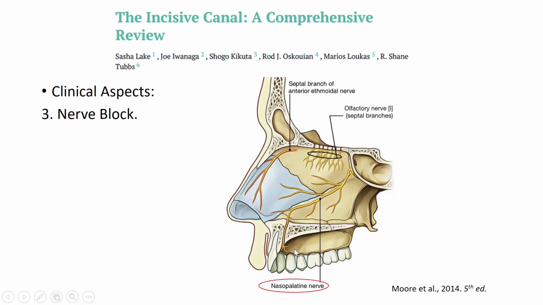So these maxillary incisors are mainly innervated by the anterior superior alveolar branches of the maxillary nerve, and the nerve block of the anterior superior alveolar branch sometimes won't be successful, and this can be due to variations in the nasopalatine terminal branches that will be innervating the maxillary central incisors.